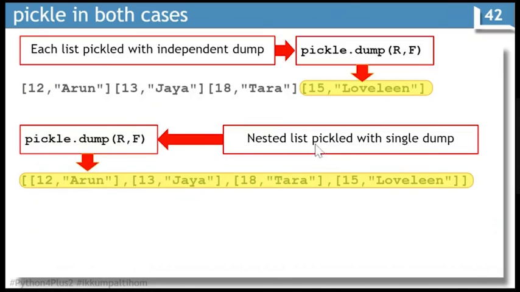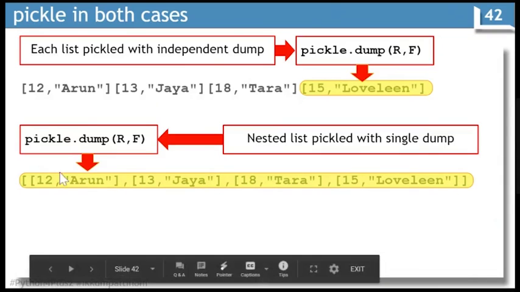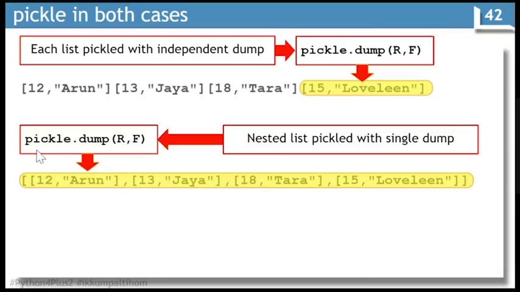If the same thing would have got done in the second logic, we are first of all accumulating the entire list of list. Once this entire content is ready, in one go we will be writing pickle.dump(r, f), and the entire content will be saved onto the file. So this, you can say that nested list pickled with single dump, and here each list pickled with independent dump.